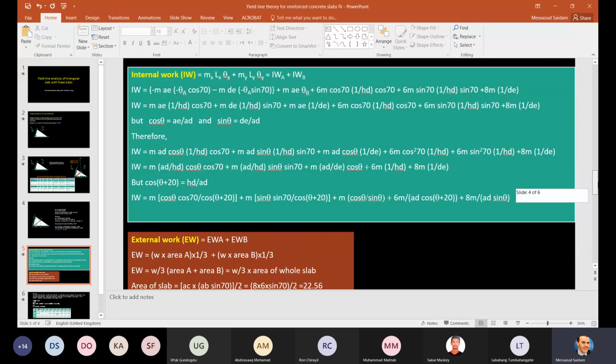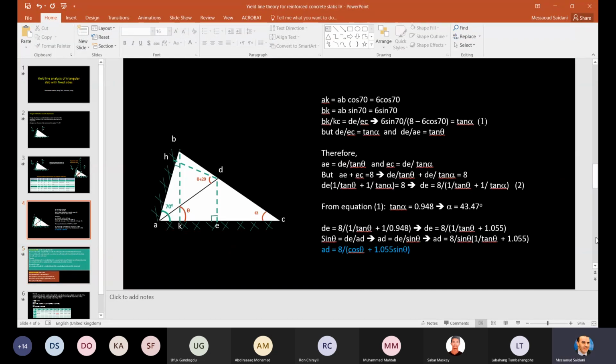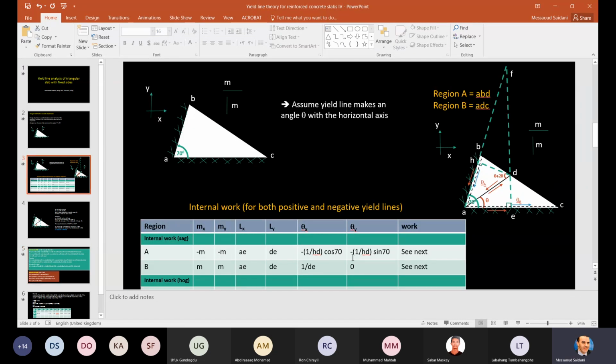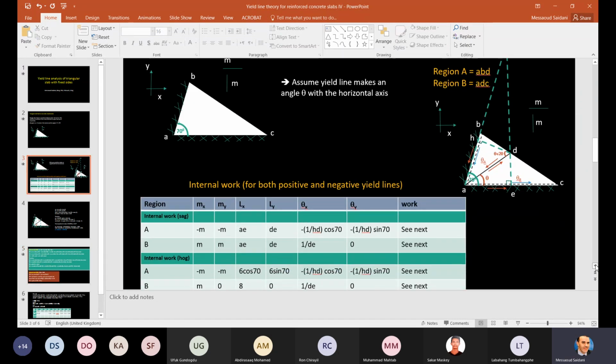So the internal work is mx lx theta x plus my ly theta y, and we do it for each region, for region A and region B. So you take the table and you multiply everything together. That's what I'm doing.